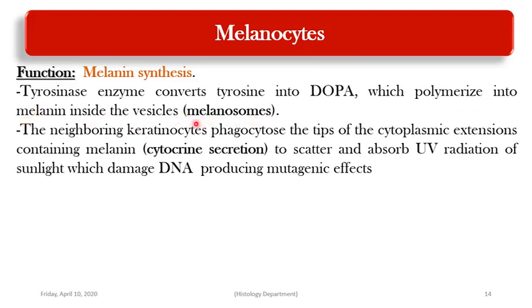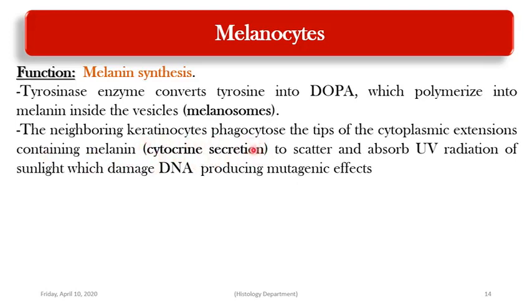melanosomes. After that, the neighboring keratinocytes start to phagocytose the tips of the cytoplasmic processes of the melanocyte, which contain the melanin, and this is called cytocrine secretion.